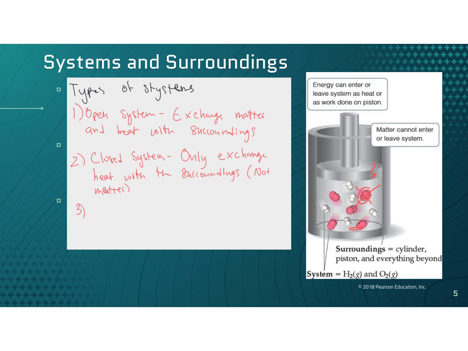The third system that we have is an isolated system. And in an isolated system, this is the case where we cannot exchange heat or matter with the surroundings.